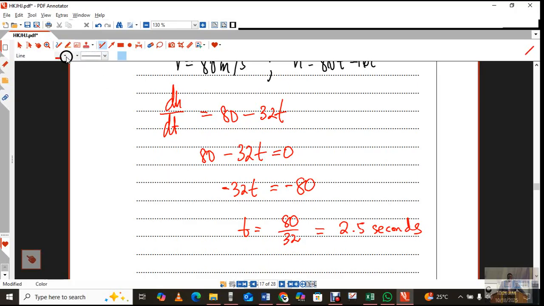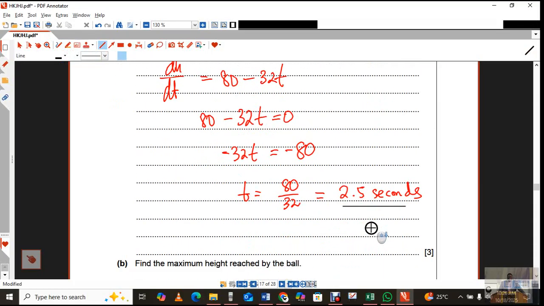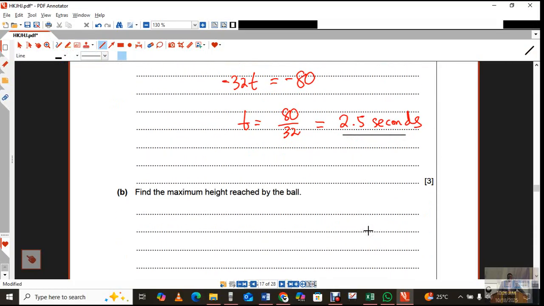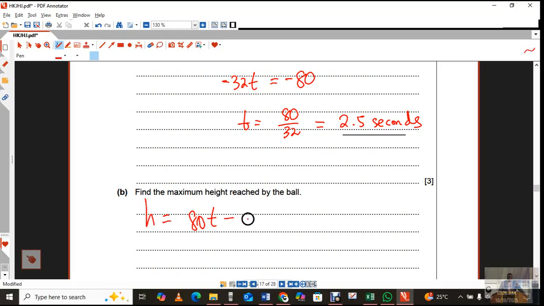All right, and this is part A of the question. Then part B, find the maximum height reached by the ball. Very straightforward. What is the formula for the height? The formula for the height, remember, was 80t minus 16t squared.